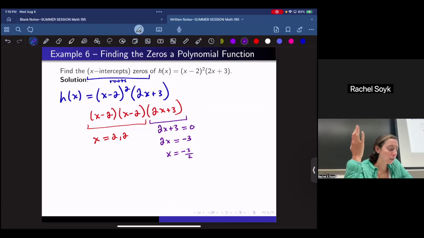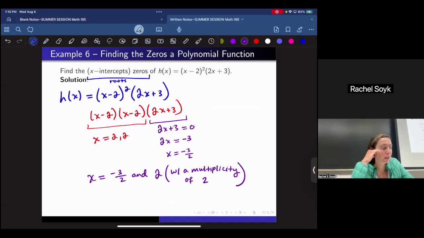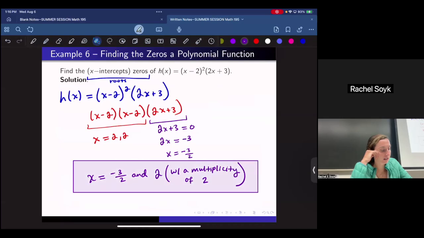So all of our zeros are x equals negative 3 over 2 and 2, and I'll put in parentheses with a multiplicity of 2. So at 2, you're going to have a little bounce that occurs off of the x-axis.